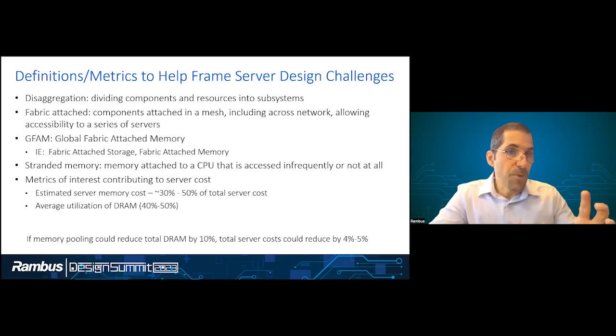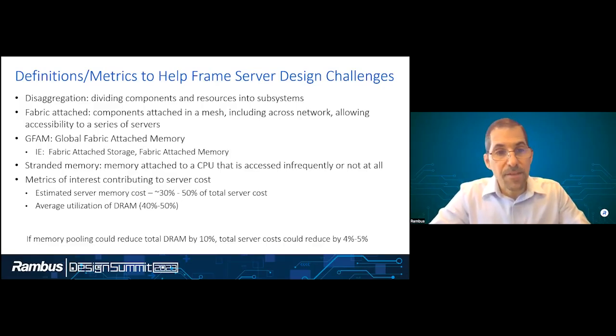And real briefly, you might ask, why would someone design a system like that? The challenge is when a hyperscaler or a company is putting together a server system, they populate it with storage and memory and so forth to support a variety of different workloads.